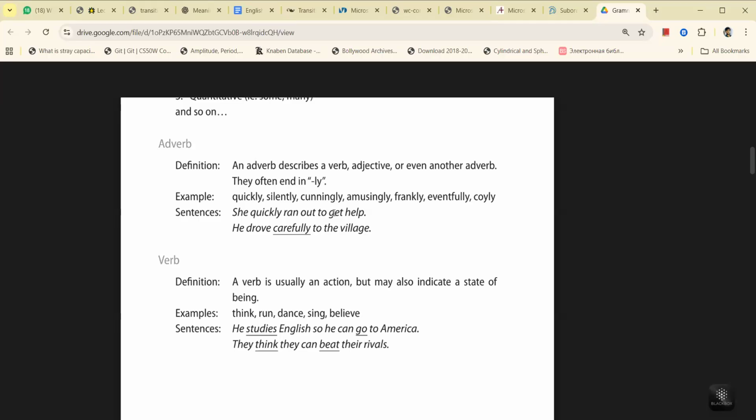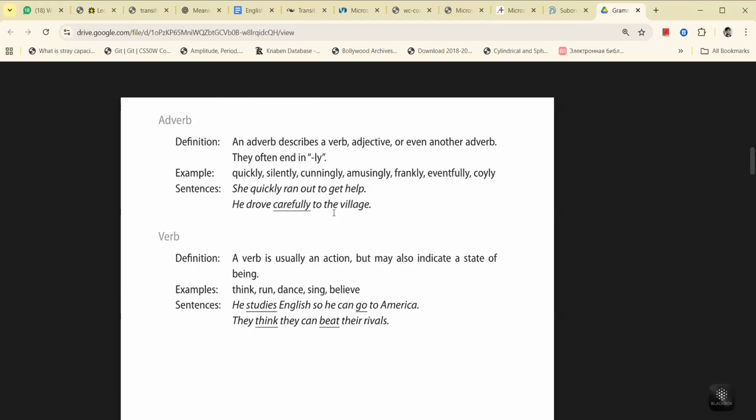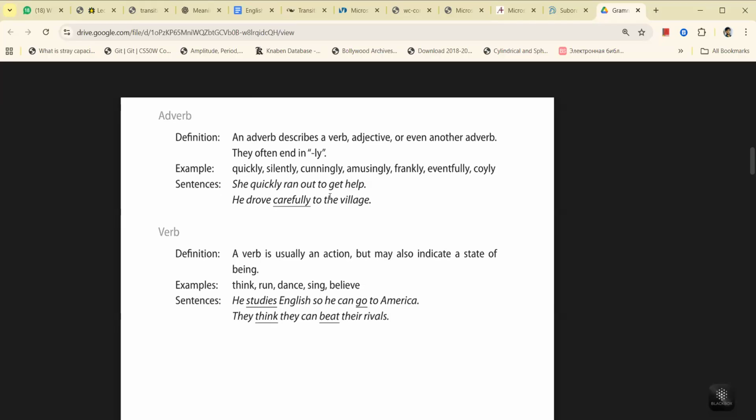Whenever we encounter an adverb, we see that it is an ly combination. Examples: quickly, silently, cunningly, amusingly, frankly, eventually, wholly.